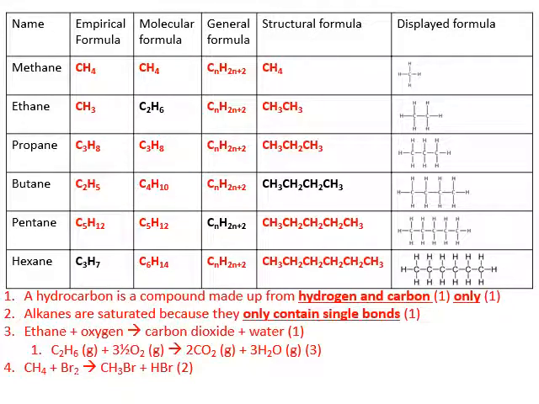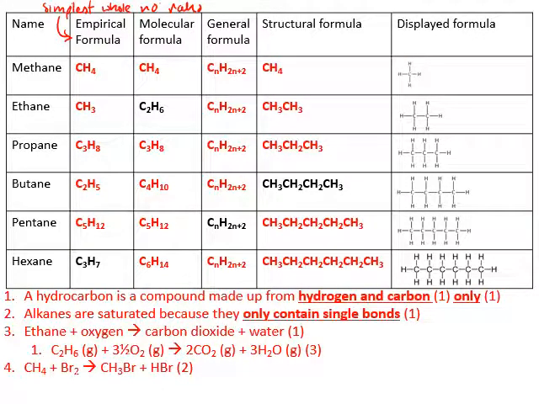For empirical formula, for the first thing, I just want to write down the definition of that, just as a recap. So it's the simplest whole number ratio of atoms. That's your empirical formula. It might ask for a definition there.